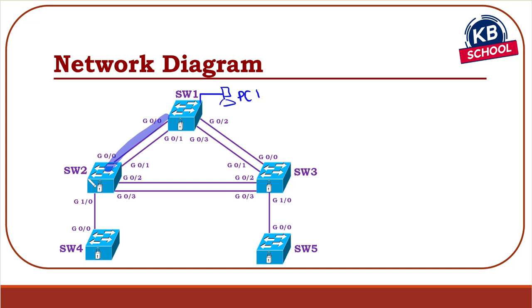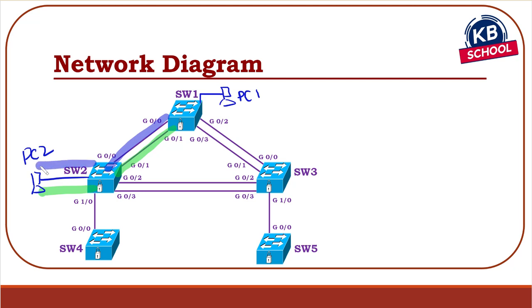It would have been received on PC2 as a broadcast. At the same time, because the broadcast came into the switch, if both ports were up, switch 1 would also forward the same broadcast over gig 0/1 to the same device. And this guy now would have received two broadcasts for the same one.